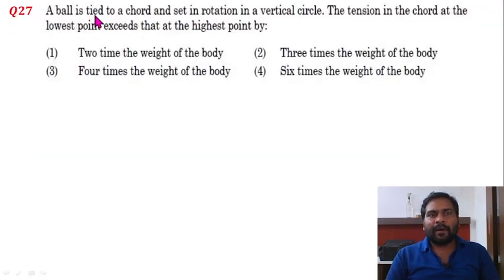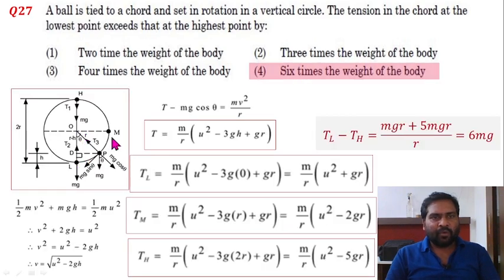Question 27. A ball is tied to a cord and set in rotation in a vertical circle. The tension in the cord at the lowest point exceeds that at the highest point by how much? So it is asking for their difference. This particular ball is rotating in a vertical circle. At the lowest point, let its velocity be u, and at a particular point P, its velocity is v.